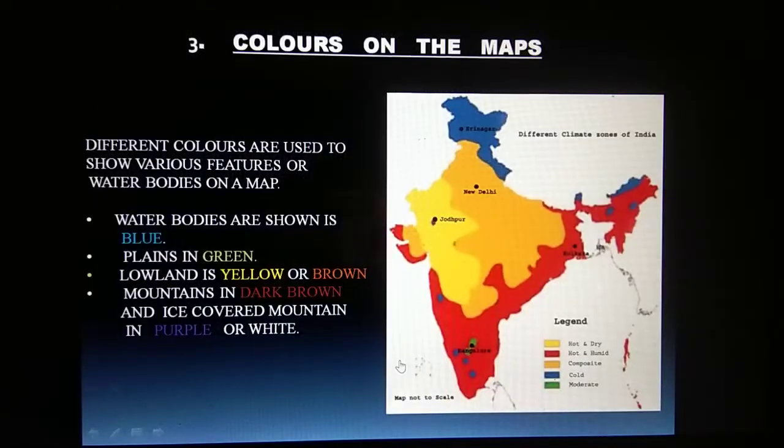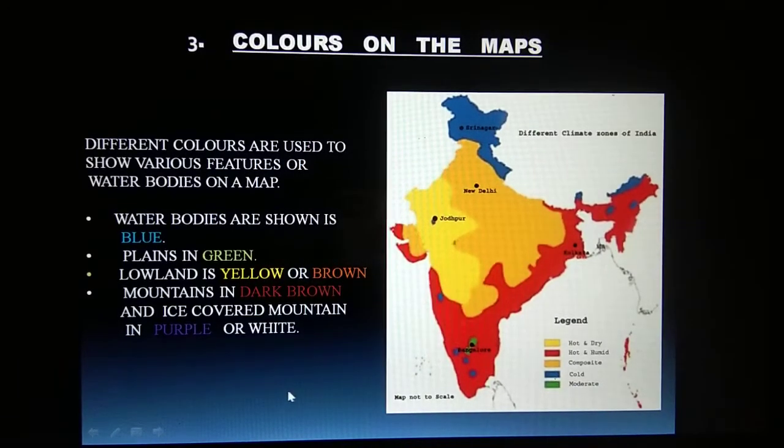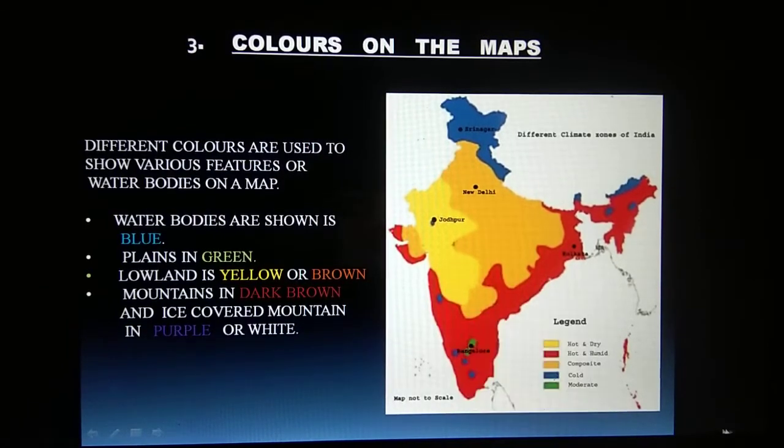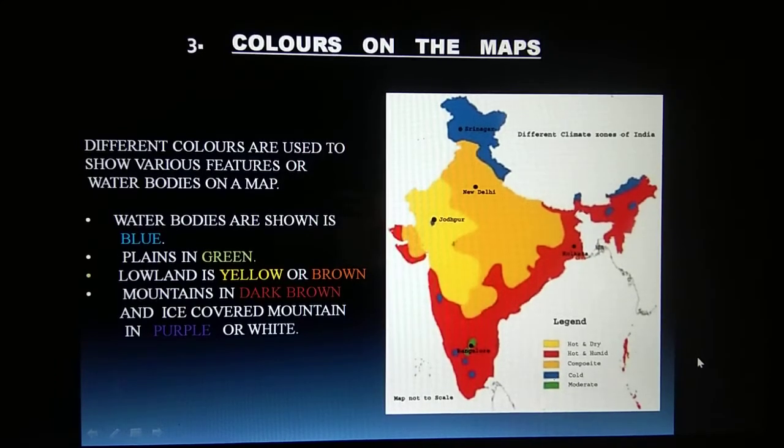Okay. Now we move towards the colors on a map. As you are seeing, this is the map of India, and so many colors are there, and these colors represent these words. Like yellow represents hot and dry, red represents hot and humid.